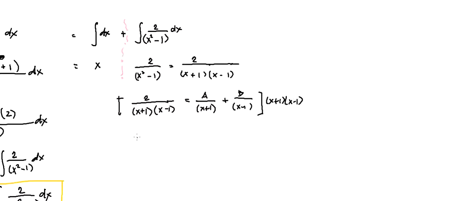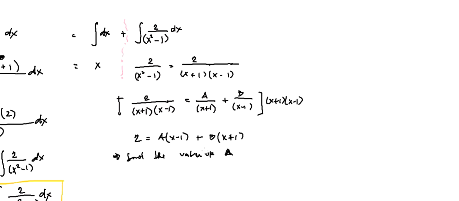So what we have left here is 2 is equal to A times x minus 1 plus B times x plus 1, right? And then we will now find the value of A and B.